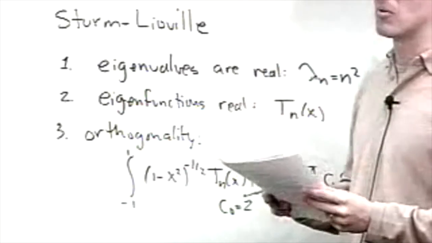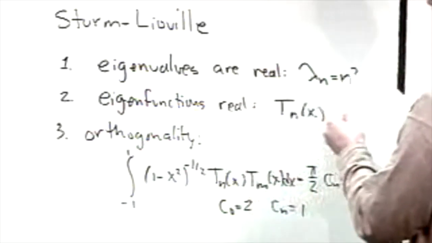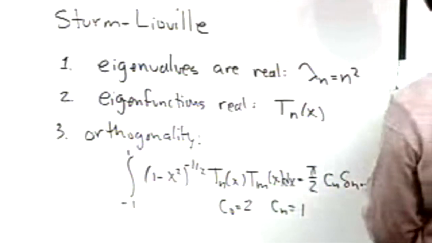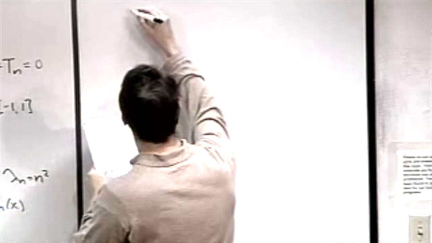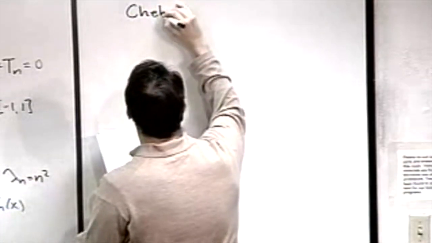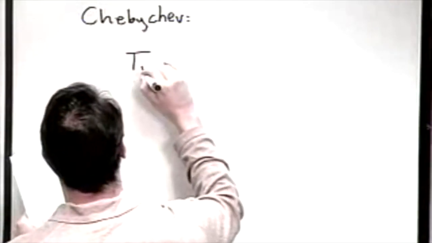All right. So let me plot what some of these things actually look like. The definition of the Chebyshev polynomial. Definition is this: T of n.